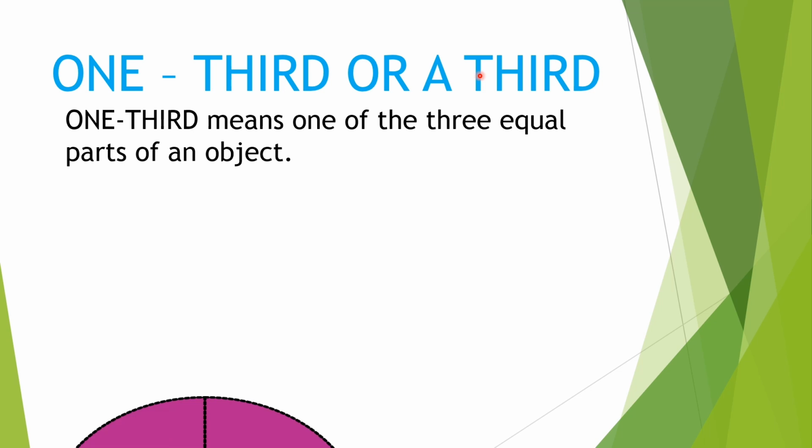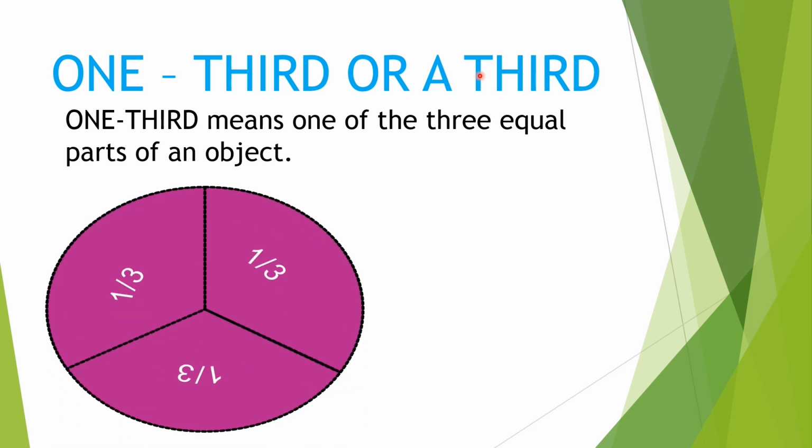The figure is divided into 3 equal parts: 1, 2, 3. So how will you read it? 1/3. And how will you write it? You will write it as one-third, or a third.